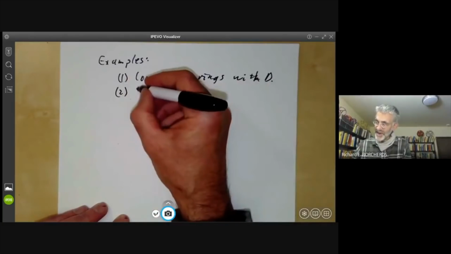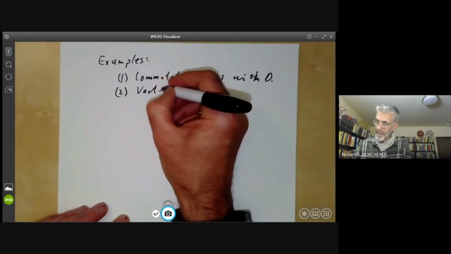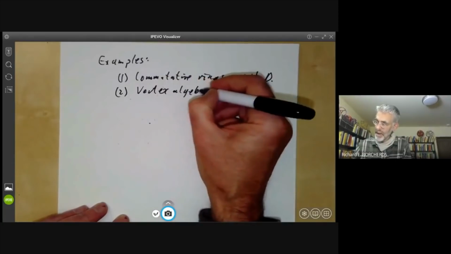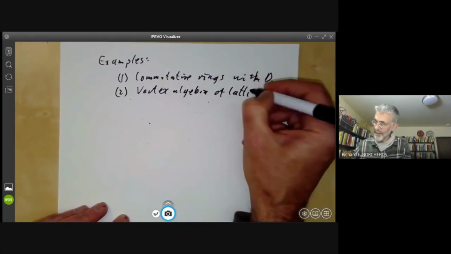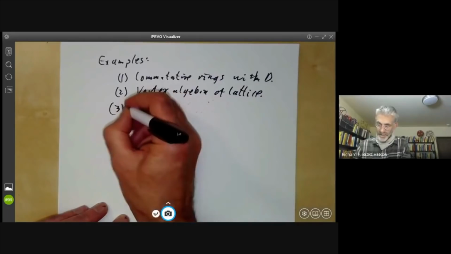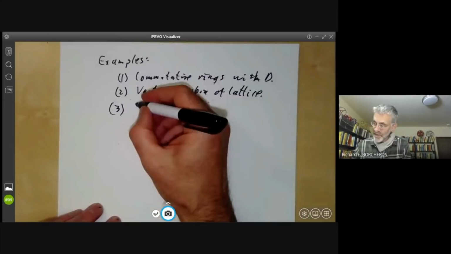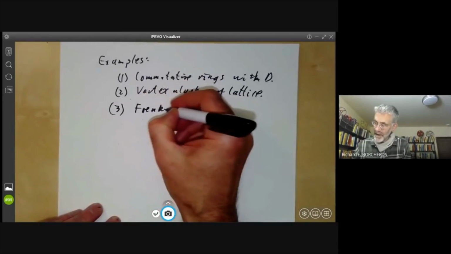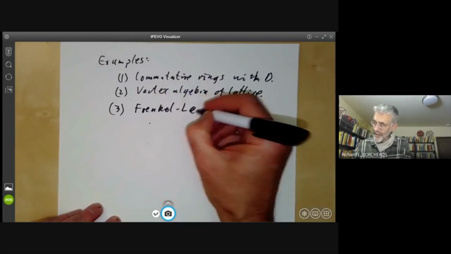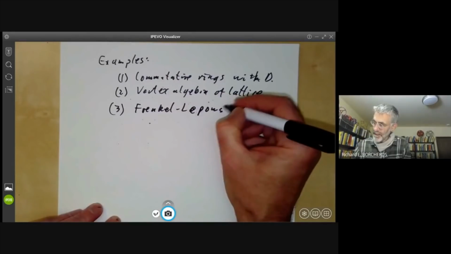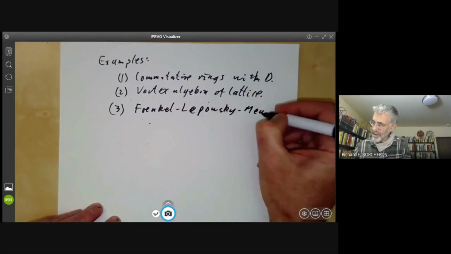Secondly, we have the vertex algebra of a lattice. And perhaps the most famous vertex algebra of all was the one constructed by Frenkel, Lepowsky, and Meurman.